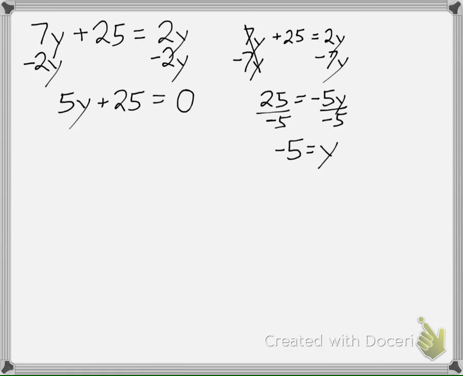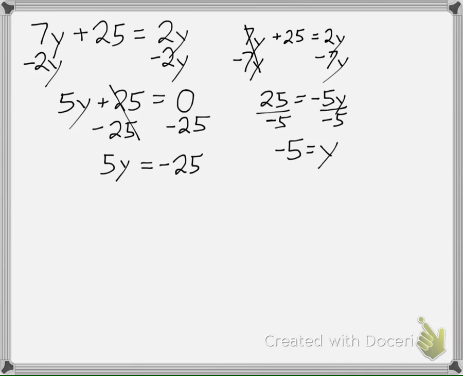Now, on the other side, I would need to do what to solve this one here? Subtract 25. I can subtract 25, and that means I also subtract 25 over here. On this side, I'm left with 5y, and on this side, I'm left with -25.